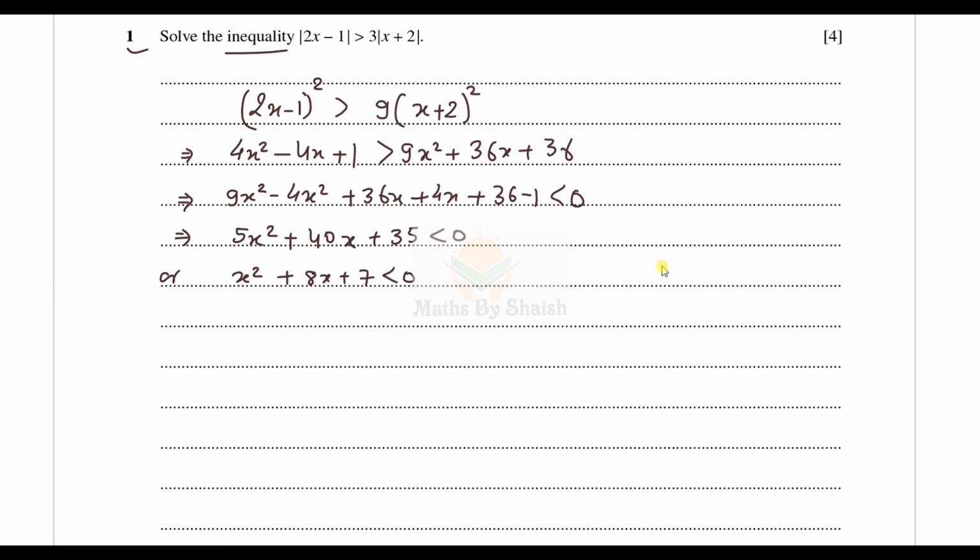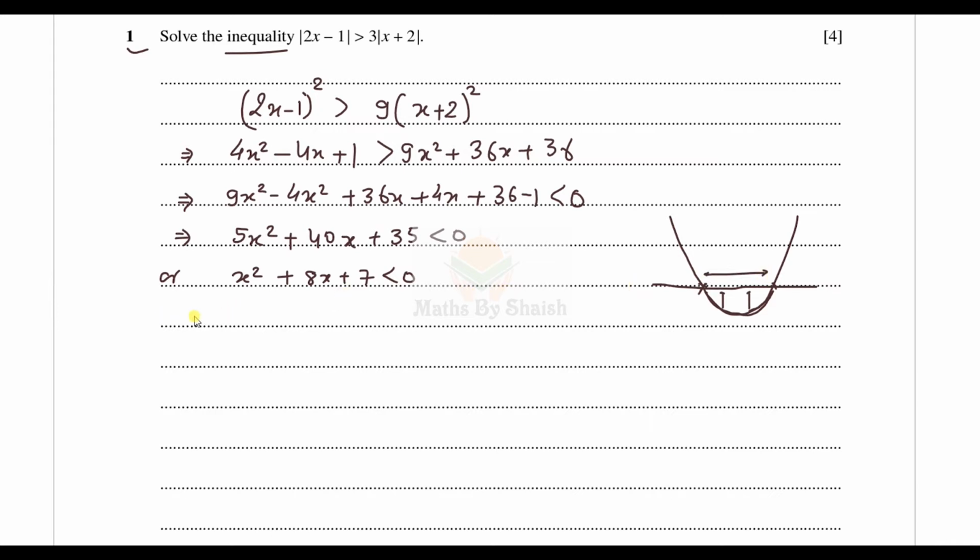Now we are going to find the solution for this inequality. Before that we require the two roots of it. In order to get the values where the function is less than 0, we require this part, and for this part of the function the x values vary from this point to this.